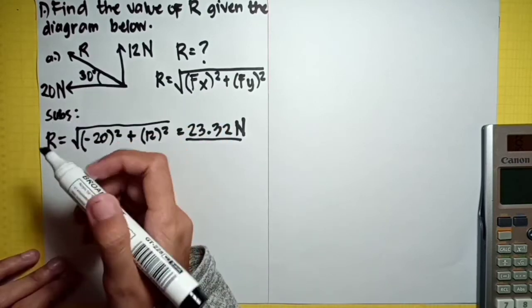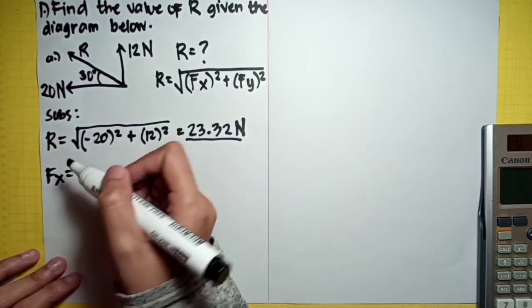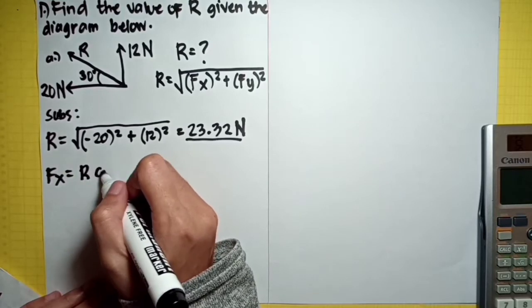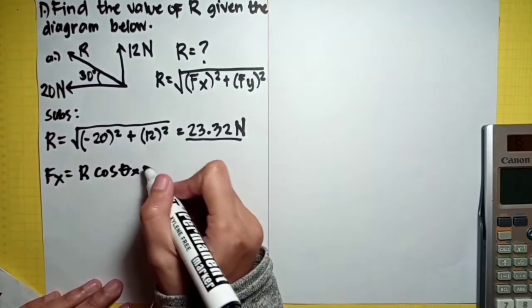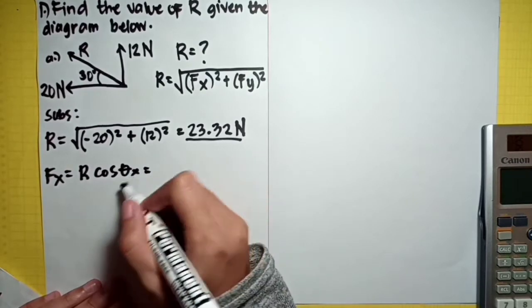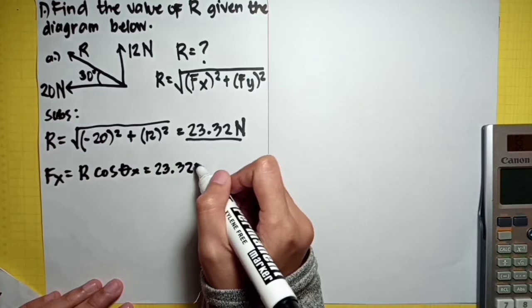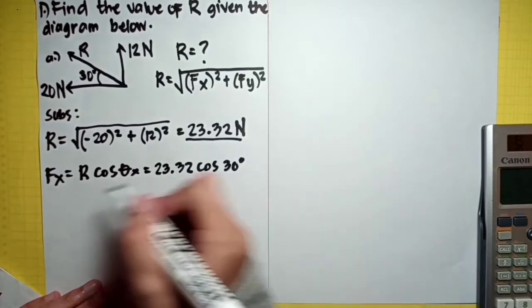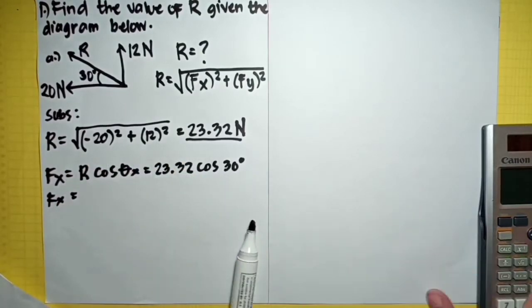So, ang magiging formula F sub x ay equals to the resultant cosine theta. So, substitute lang natin ang R, which is 23.32 cosine 30 degrees.